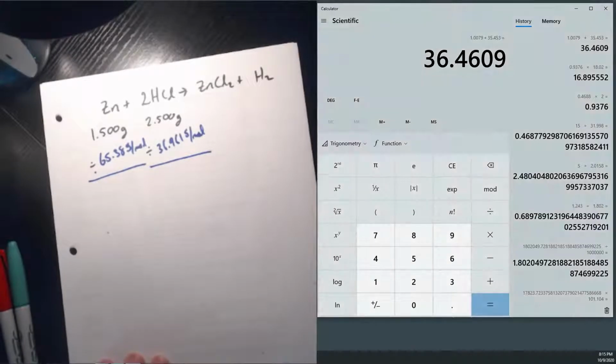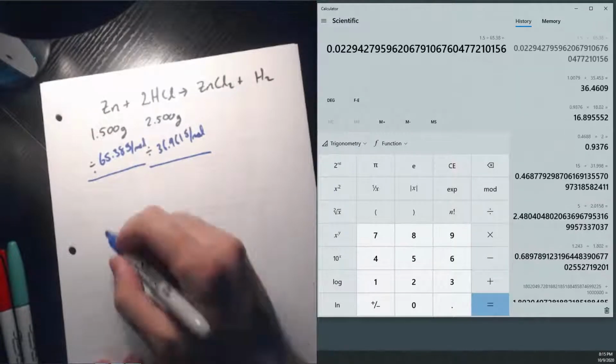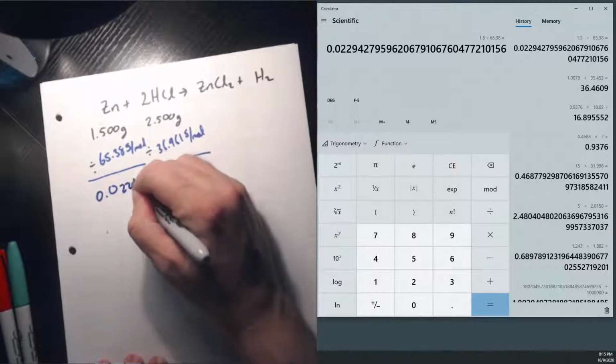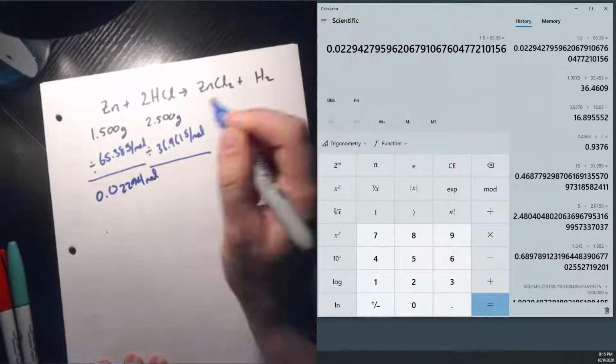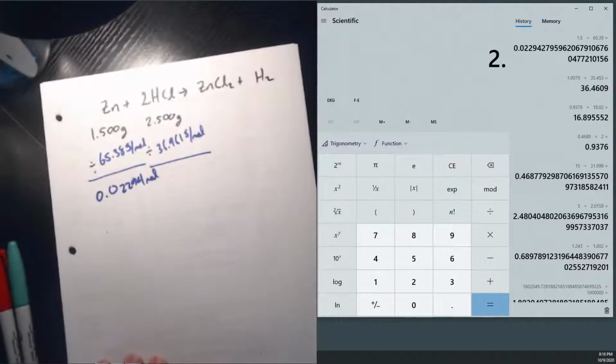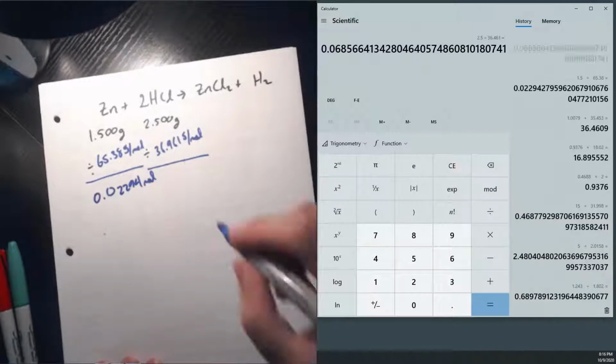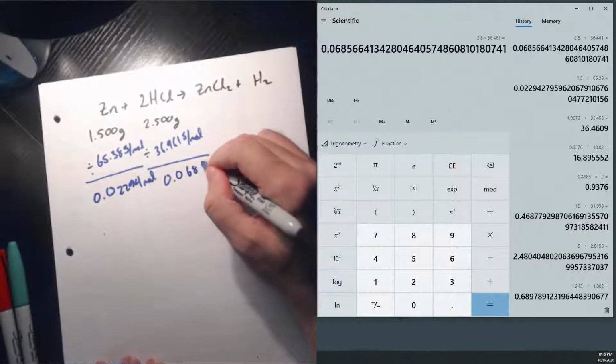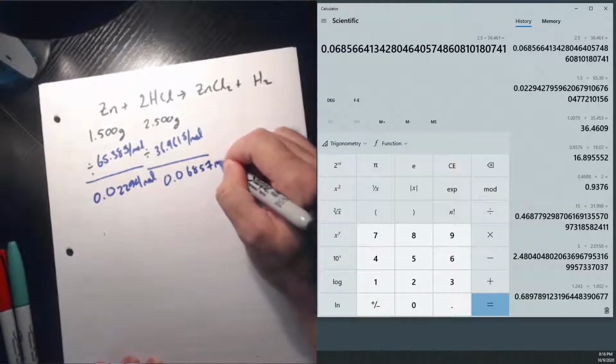Once again, bring up the calculator. 1.5 divided by 65.38, 0.02294 moles of zinc. 2.5 divided by 36.461, 0.06857 moles.